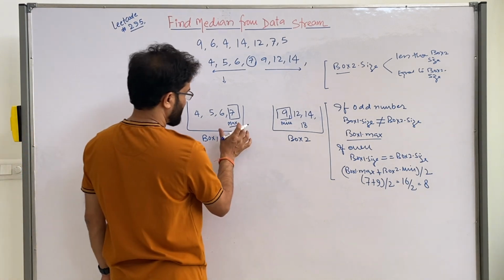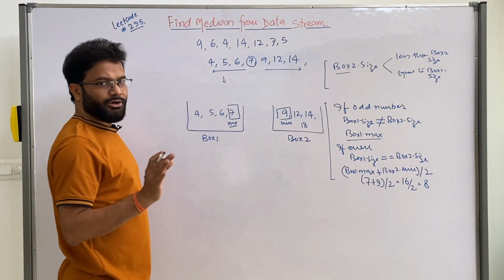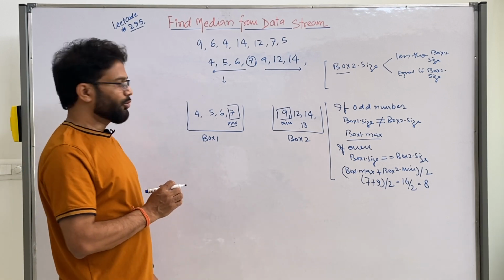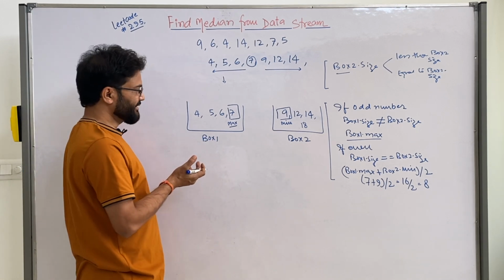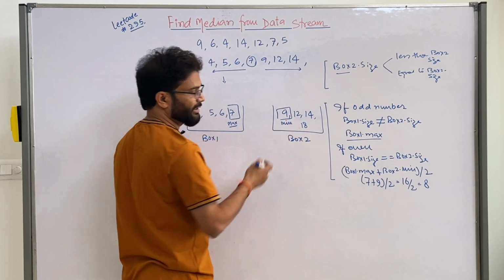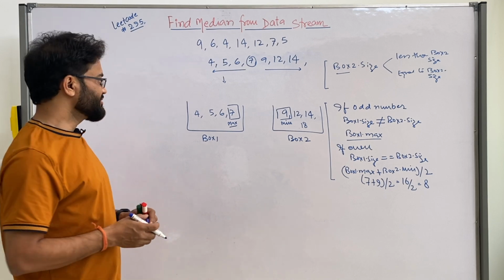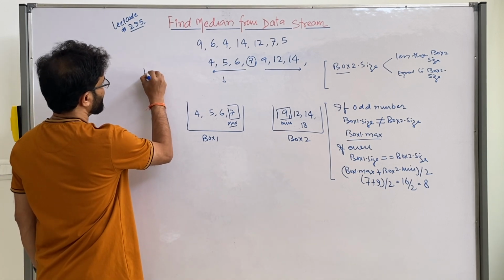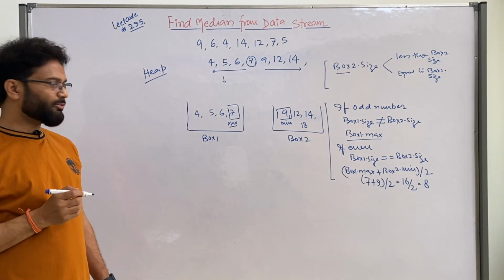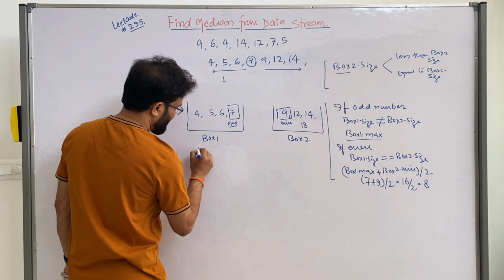So in this case I showed you an example, but now the question is what kind of box has the facility to give you the max, and which box can give you the min? Here the concept is the heap. I will explain what the heap is. This is about the max heap.